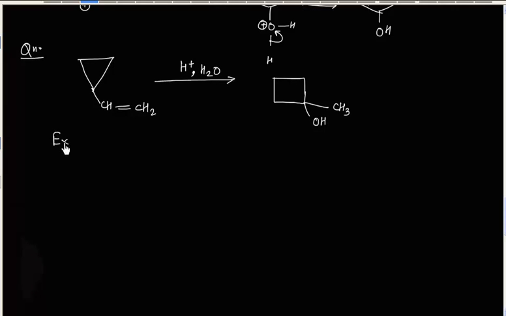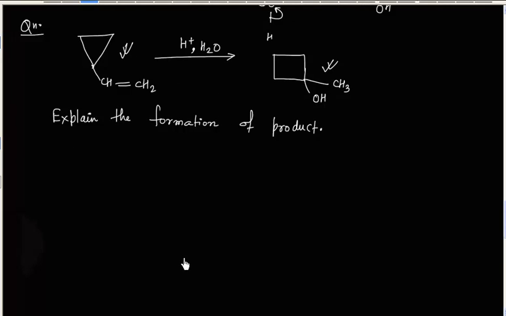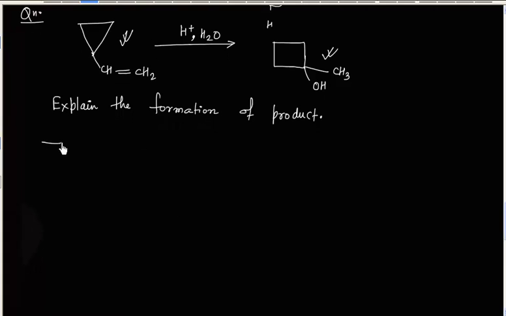Explain the formation of product. So if you see the product, we have a 4-membered ring and reactant has a 3-membered ring. So there is a case of ring expansion.